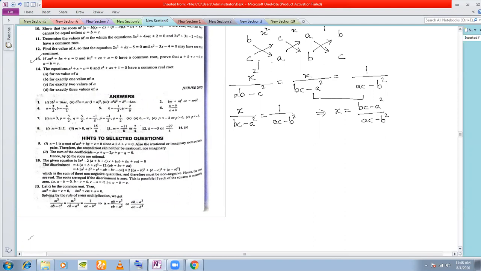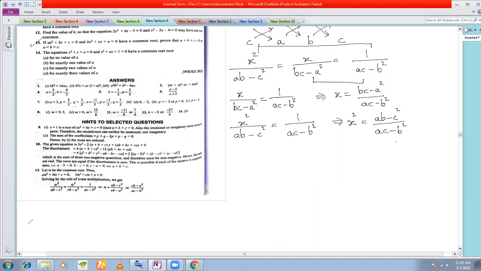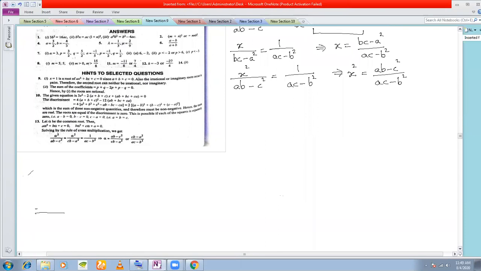Now considering these two, x square by bc minus c square equal to 1 by bc minus b square. That means x square is bc minus c square by bc minus b square. Okay, so this is your expression for x and this is your expression for x square.